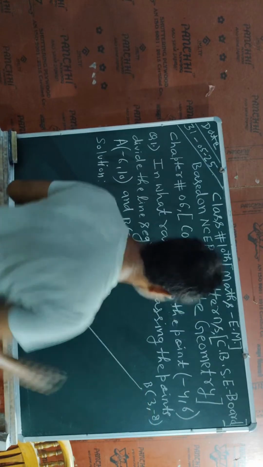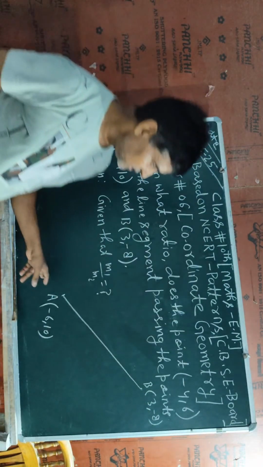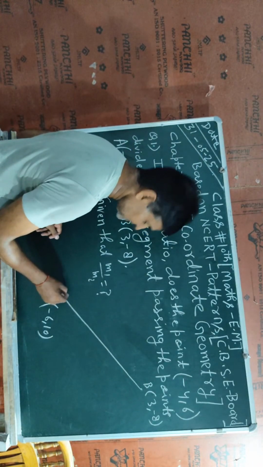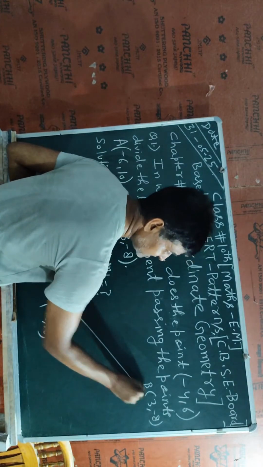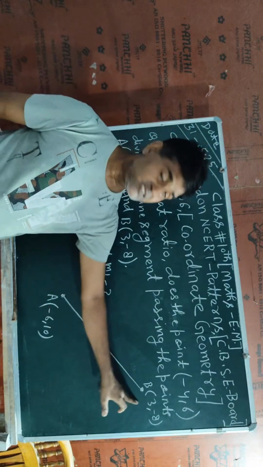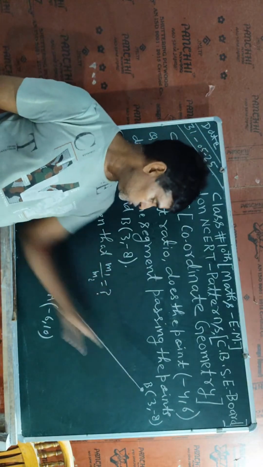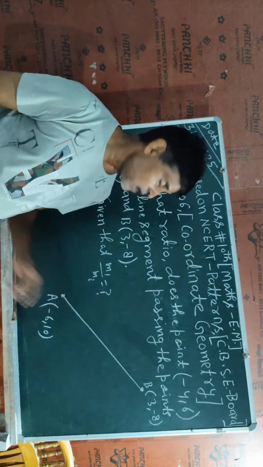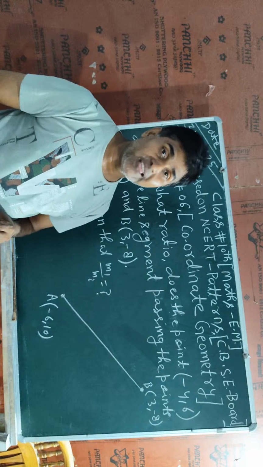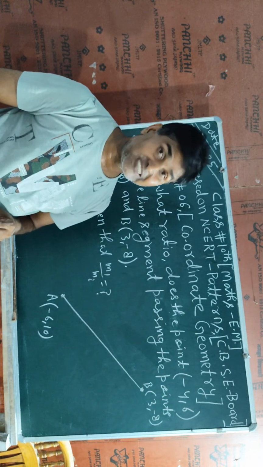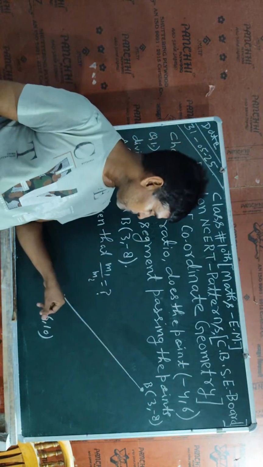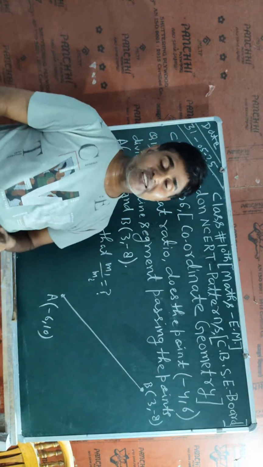Now this line AB is a line segment, because a line segment has 2 endpoints, this is one endpoint and this is the second endpoint. When I join them, that is the line segment from A to B. I would get an infinite number of distances, but we have to take only the perpendicular distance from this point to this point, that is the shortest distance.